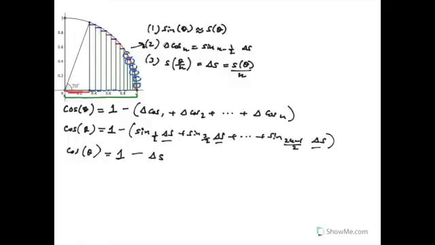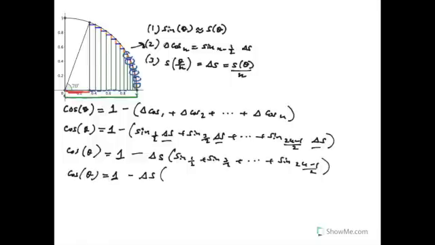And inside the parentheses, I'll just have the sine 1/2 plus sine of 3/2 plus up to sine of (2n minus 1) over 2. Now this sine 1/2 is actually itself shorthand for sine of theta over 2n.